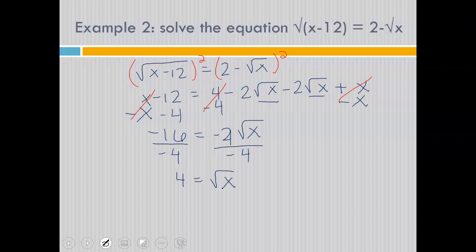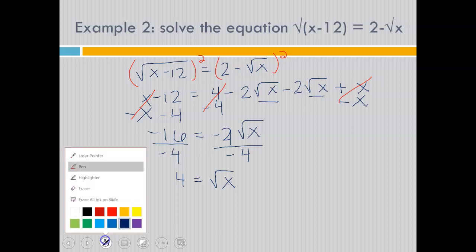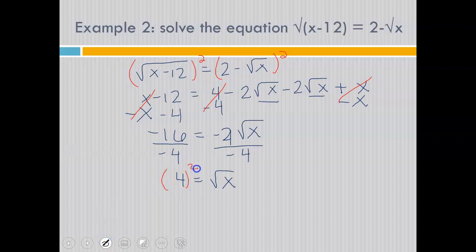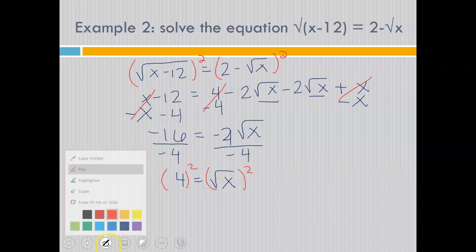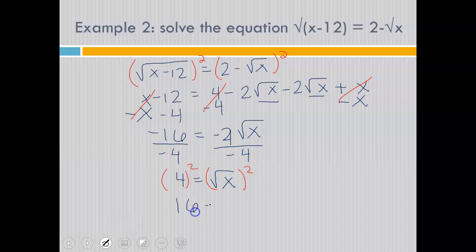Square both sides, and I see that x is 16. And you can always do a quick check.